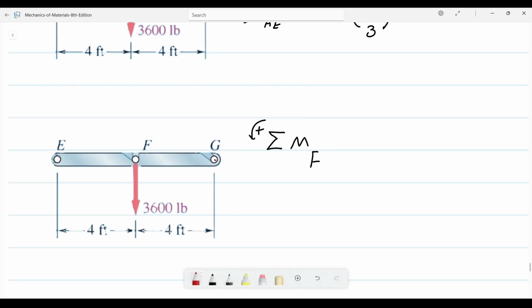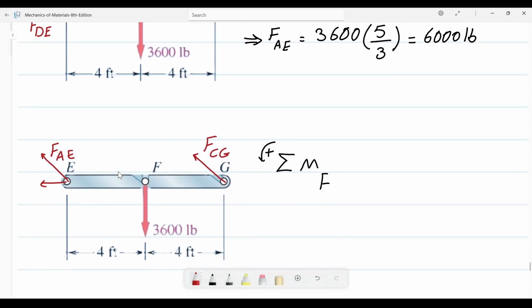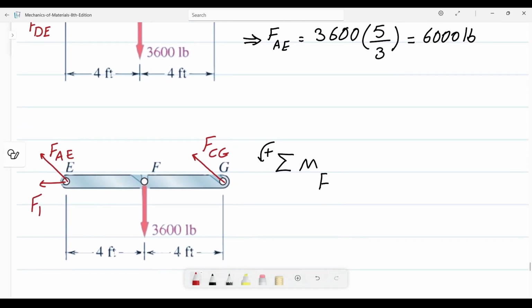We have two forces here, FCG and FAE, also FDE. It's about point F. It's equal 0.